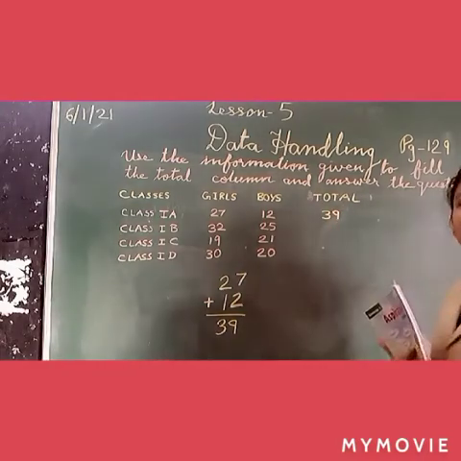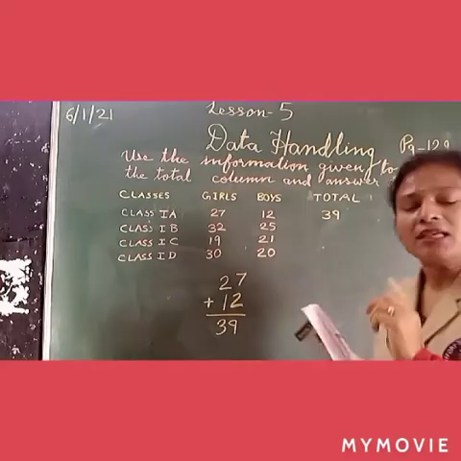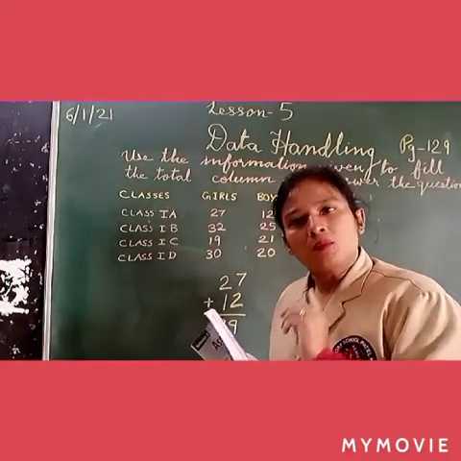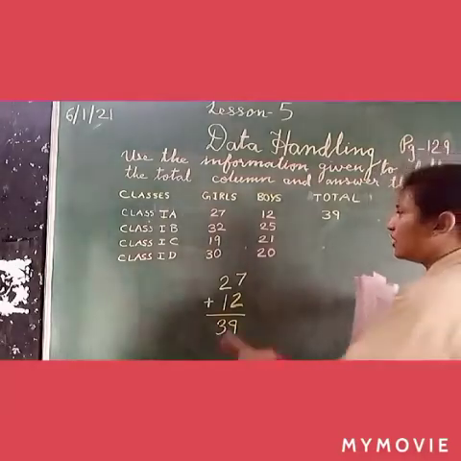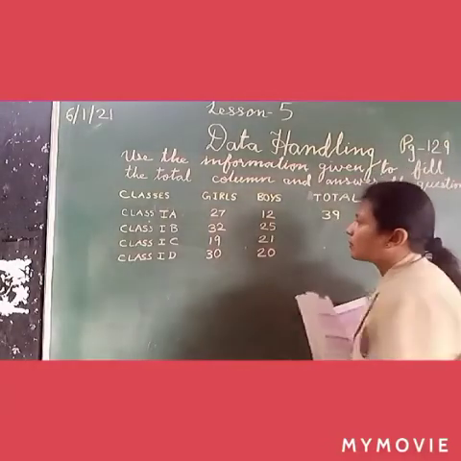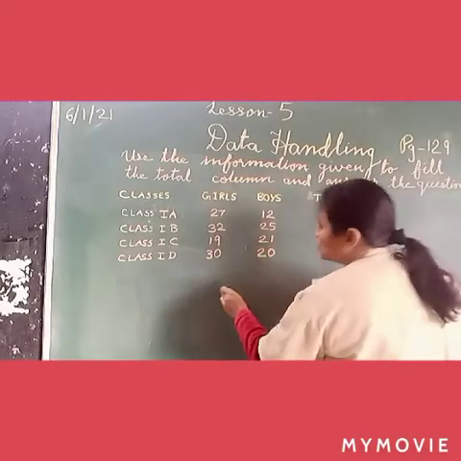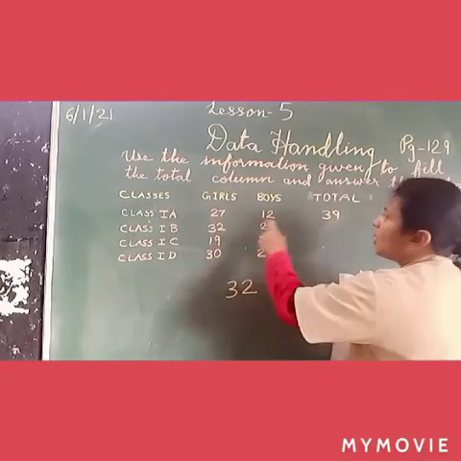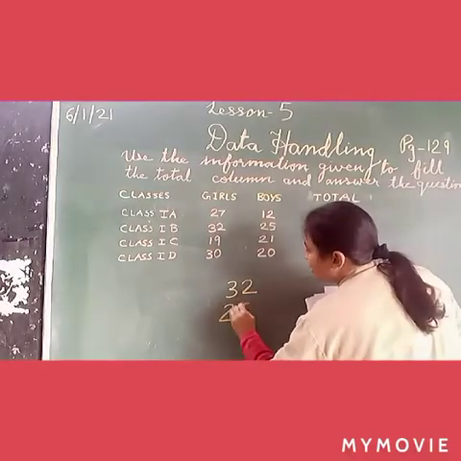Okay. First one you have done. Now come to class 1B. Let's see what are the numbers given. In 1B, 32 girls are there. So, we are writing here 32 and boys are 25. Again, we are writing 25 here.